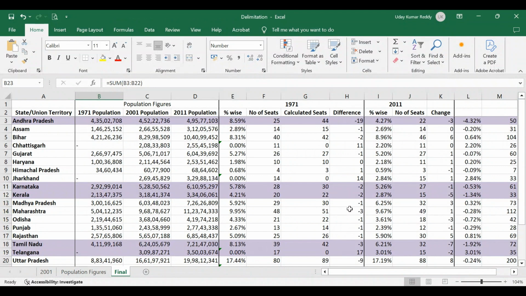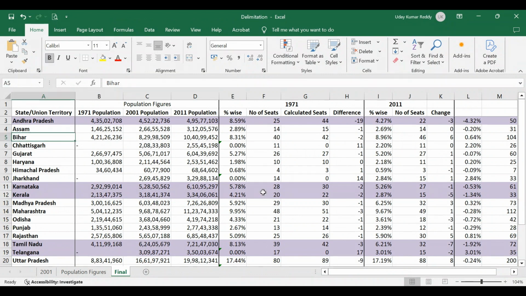These states have implemented effective population control measures, resulting in slower population growth compared to northern states. Consequently, they fear that the redistribution of parliamentary seats might favor the more populous northern regions, diminishing the political influence of the south.